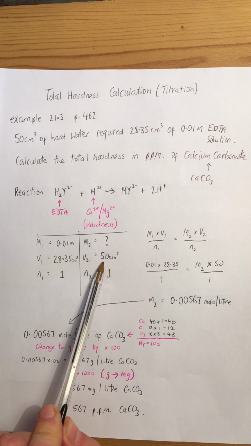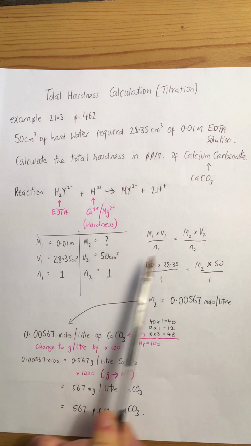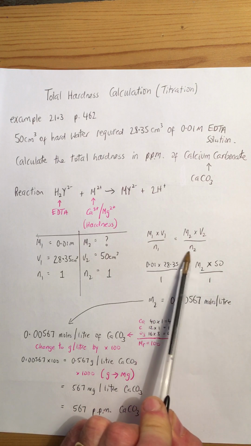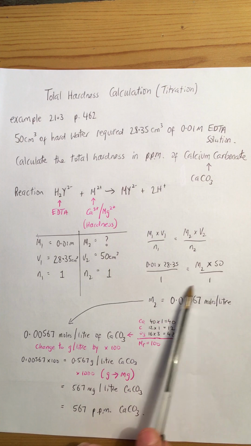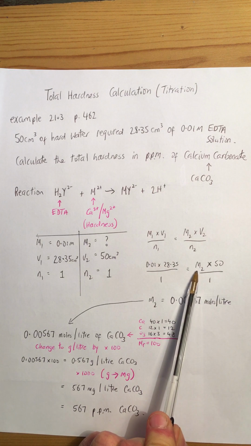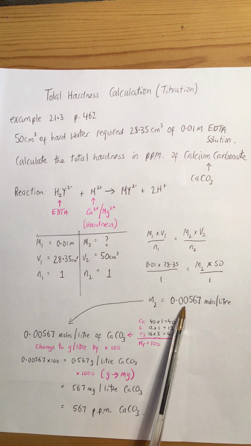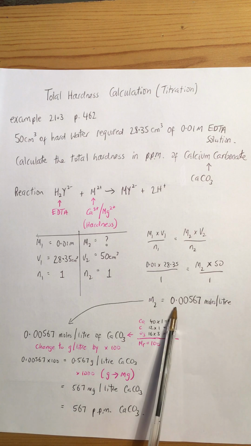And remember, we use 50 mils and not 25. Fill all this into the formula that we were used to using. When you fill it all in, it gives you concentration for M2 as 0.00567 moles per liter.